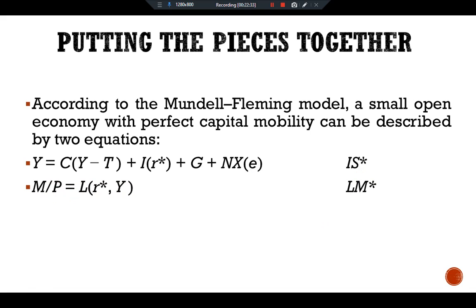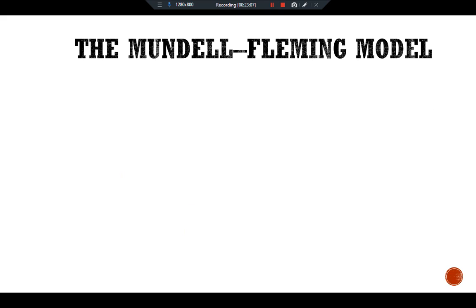The exogenous variables are fiscal policy, here we have G and T, and for monetary policy we have M as an exogenous variable, the price level P here, and the world interest rate r*. The endogenous variables are income and the exchange rate. So let's draw the Mundell-Fleming model graphically.